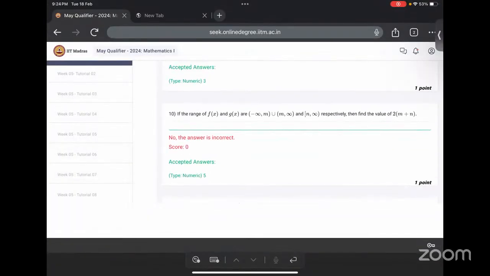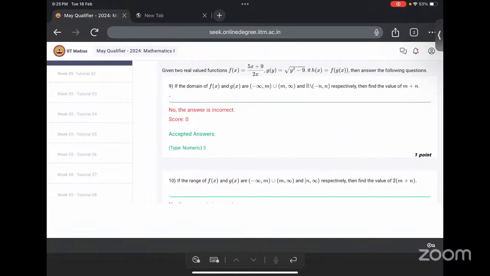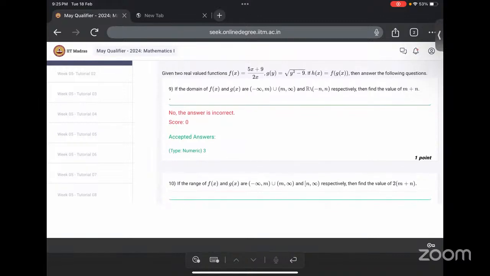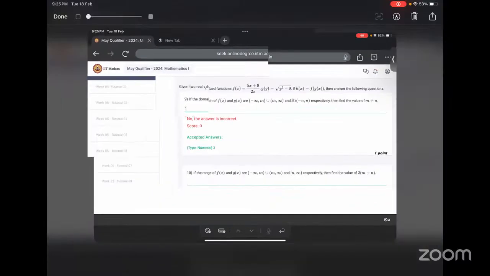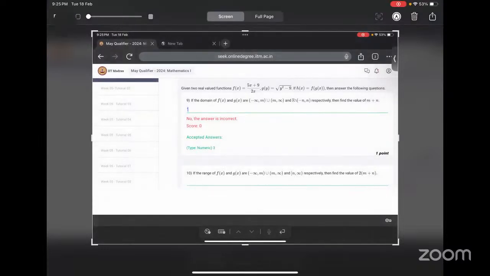Similarly, we have to now calculate the range. What will be the range of g? We have to check at the boundary points. That means at 0, at minus infinity, and at positive infinity. So what will be the value of m? If we write it as 5 by 2 plus 9 by 2x, right?